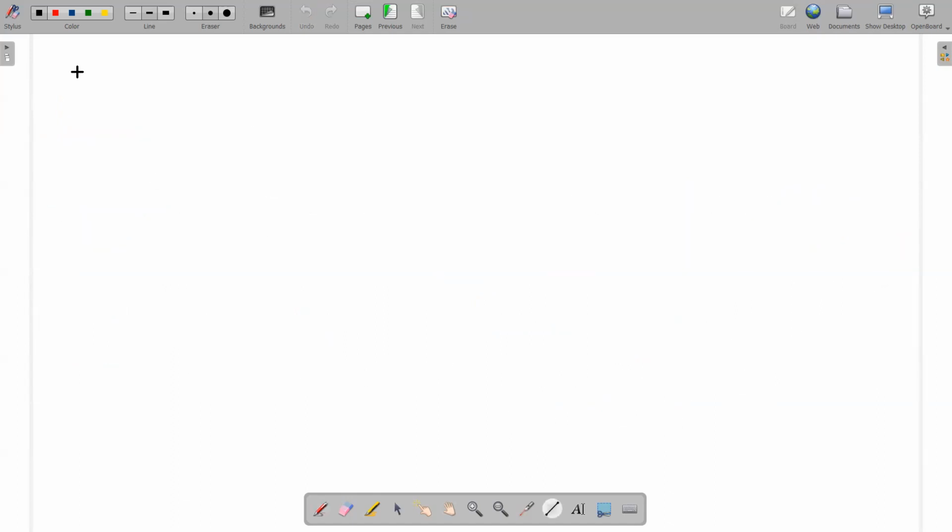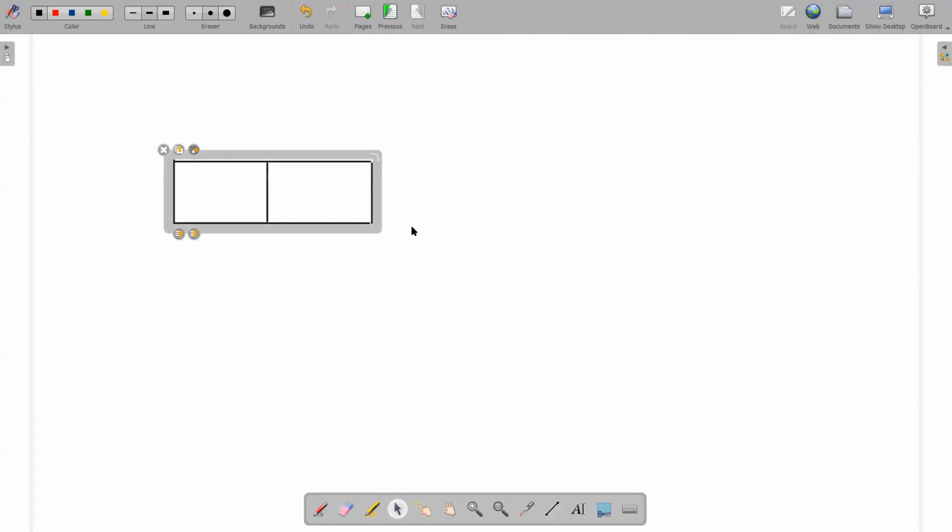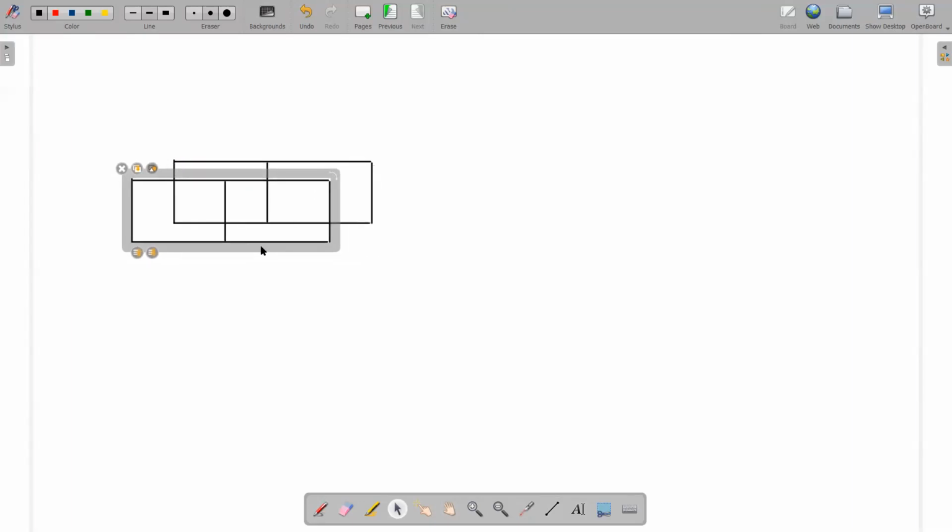So for example, if you have something like this. That's a cube.